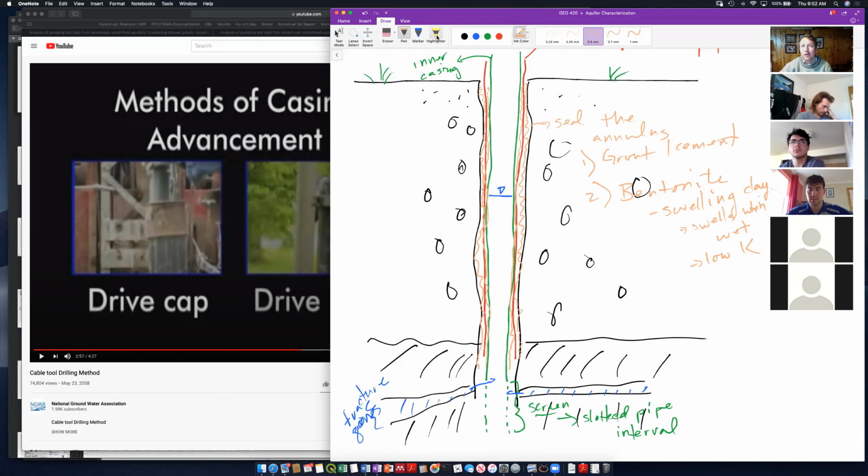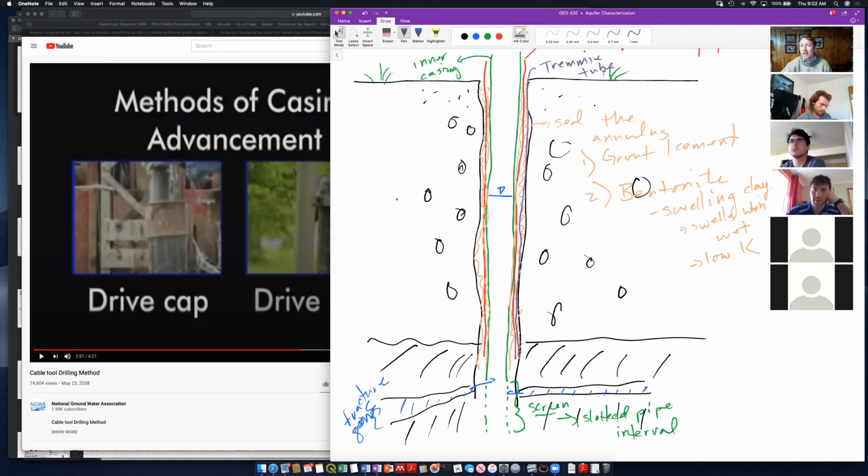So another driller's vocab: this long tube that we might put down our annulus and pump grout or bentonite out of is called a tremie tube.